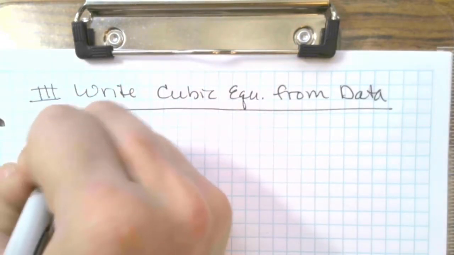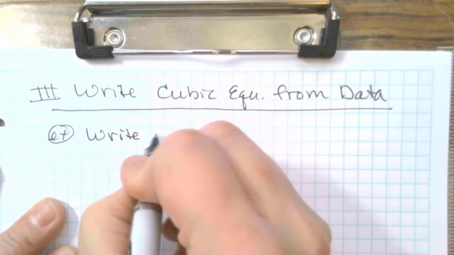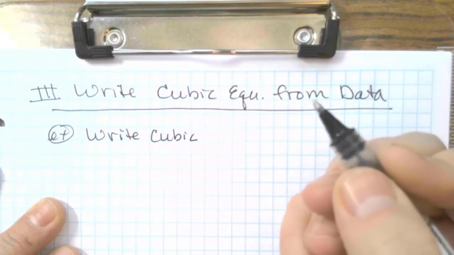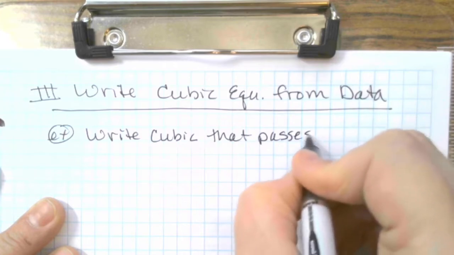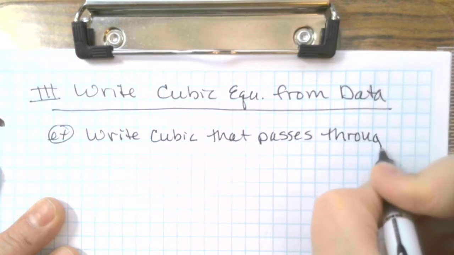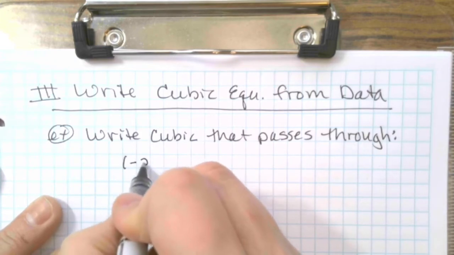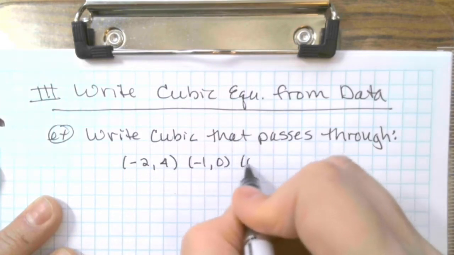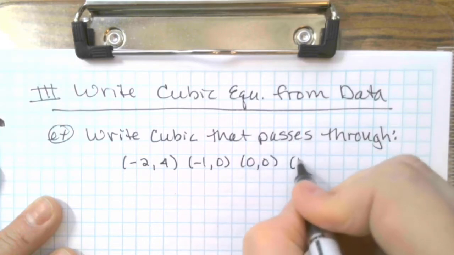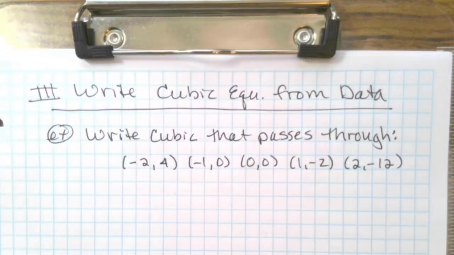Okay, so your example is you're going to write a cubic that passes through, and they might say passes through, they might say contains, they're going to give you some points: (-2, 4), (-1, 0), (0, 0), (1, -2), and (2, -12). They give you a whole bunch of points.